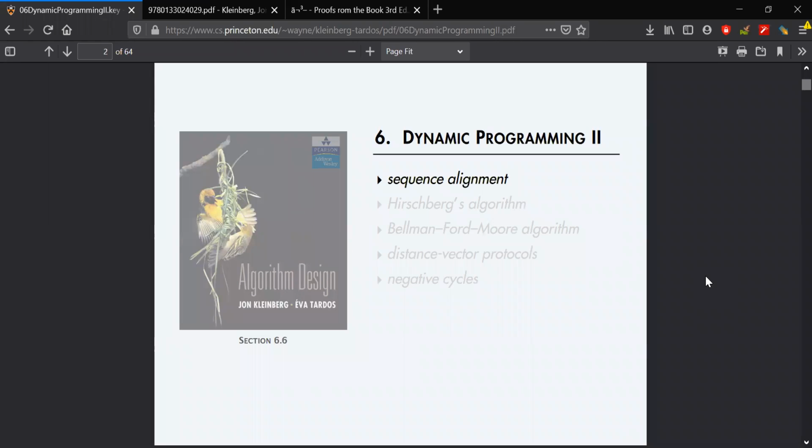The sequence alignment part was okay, but the space complexity part was not. So should we go over the entire thing slowly, or should I quickly go over the sequence alignment part and then spend more time on the space saving part? Okay, let's go over it slowly.